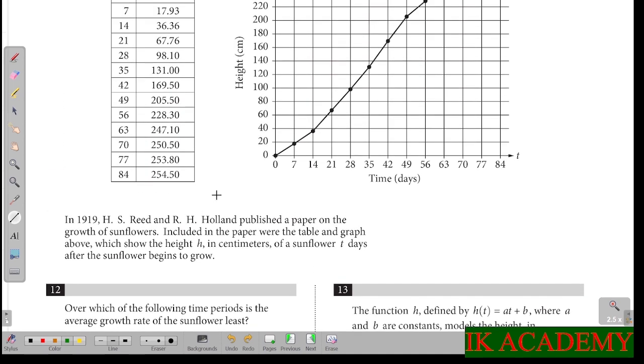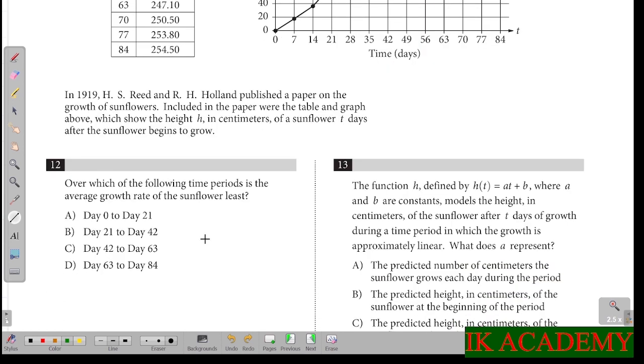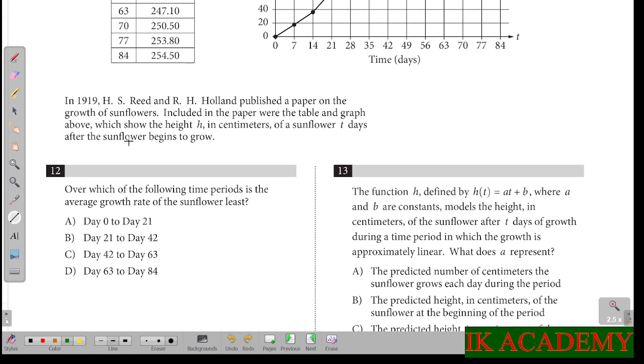So it means option D is the most appropriate option. We have been given four time periods. The slope is least from day 63 to day 84. So option D is the correct option.